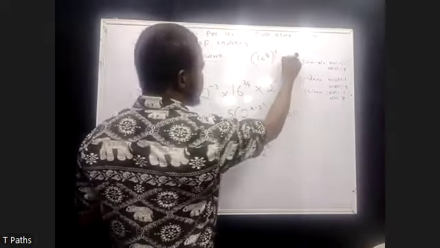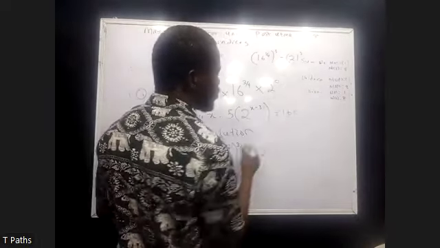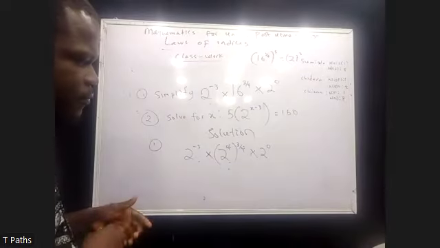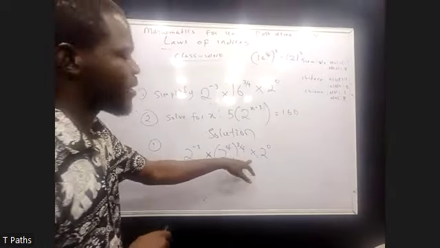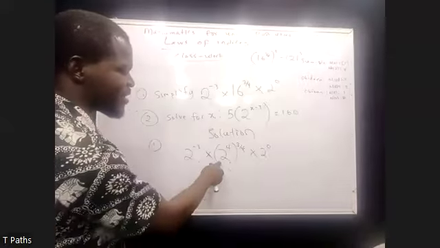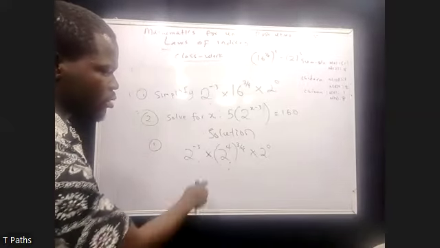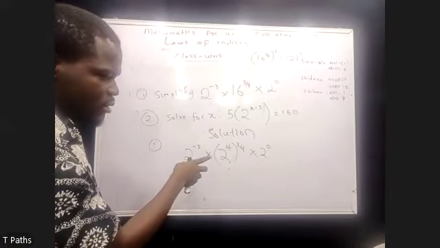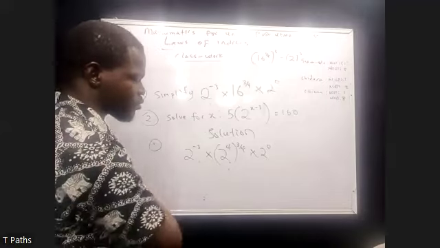Someone can just say it is 2, 2 to the power of 3, and moves on. We follow this normal pattern because at times it is not 2, at times it is x. So this pattern will solve all questions.